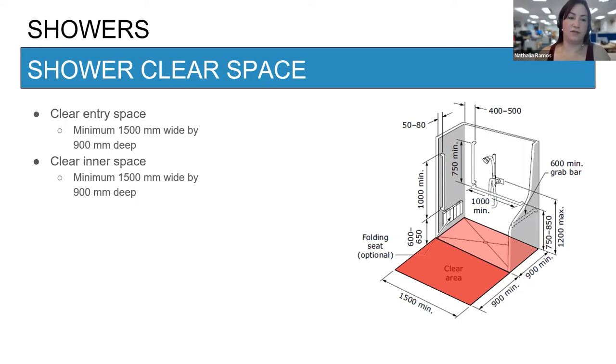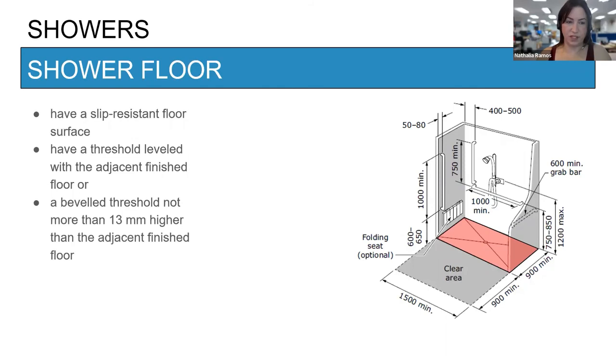And inside, you have to have a clear inner space of minimum 1500 wide by 900 deep. The shower floor has to have a slip resistant floor surface, have a threshold level with the adjacent finished floor, and a beveled threshold not more than 13 millimeters higher than the adjacent finished floor.